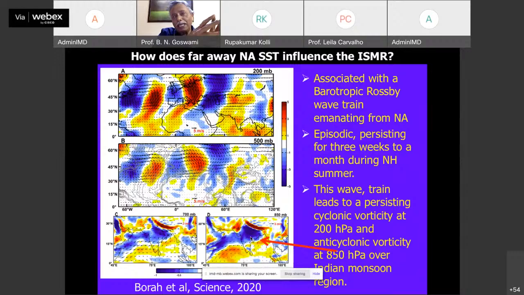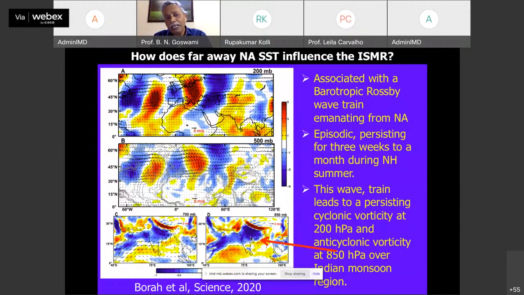So the teleconnection is a wave train, which has been initiated by a barotropic vorticity over the North Atlantic, and this barotropic vorticity happens on the intra-seasonal time scale. They are episodic.